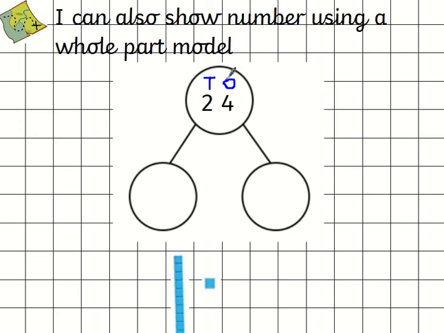So how many ones have I got? I've got 4 ones. Okay. How many tens have I got? 2. So I will put 2 tens in the whole part model.